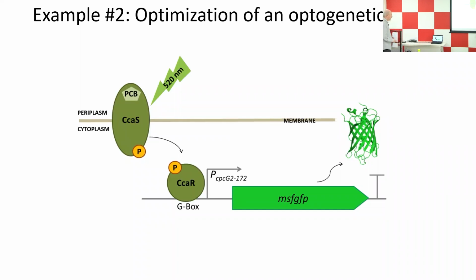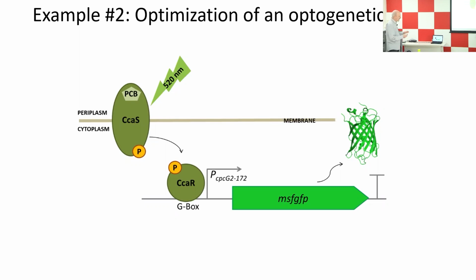In this other case, what we tried to do was to optimize an optogenetic device. What is an optogenetic device? You may remember, again from the very first lecture, it is a system that will react to light by activating transcription of a target promoter. Okay?